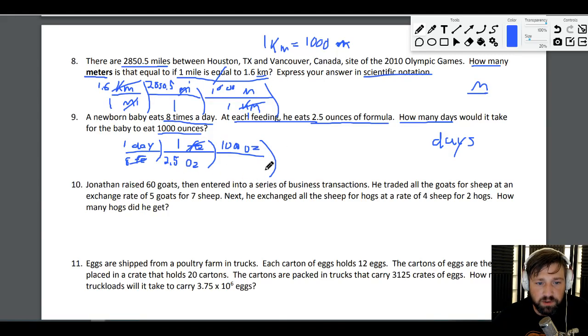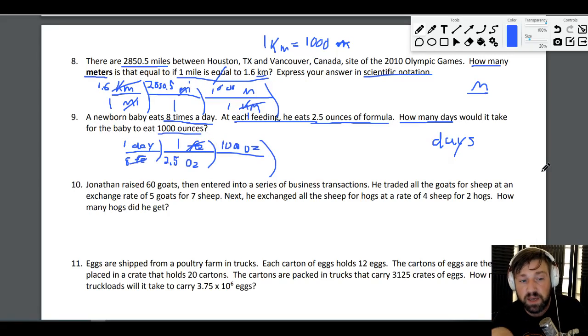Unit conversion factor labeling method is really great whenever you have a lot of these type of problems. A baby eats 8 times a day. Each feeding he eats 2.5 ounces. Anytime it seems like there's a lot of steps, dimensional analysis can be really helpful, because you can actually lay out all your steps.